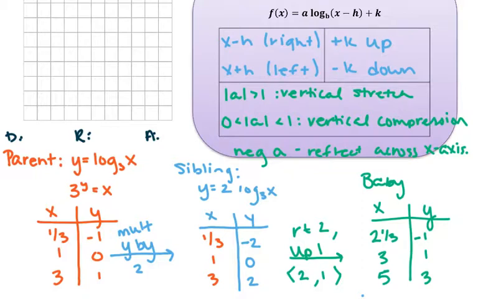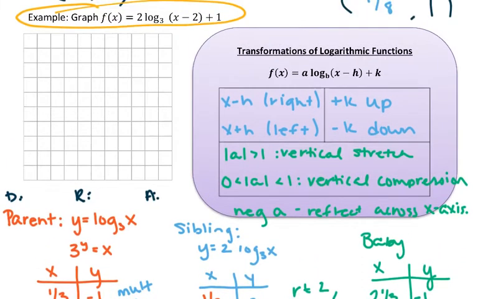All right, let's go ahead and do this graph. And like I said, you can do more points on here if you want to. I'm just getting it started for you guys.